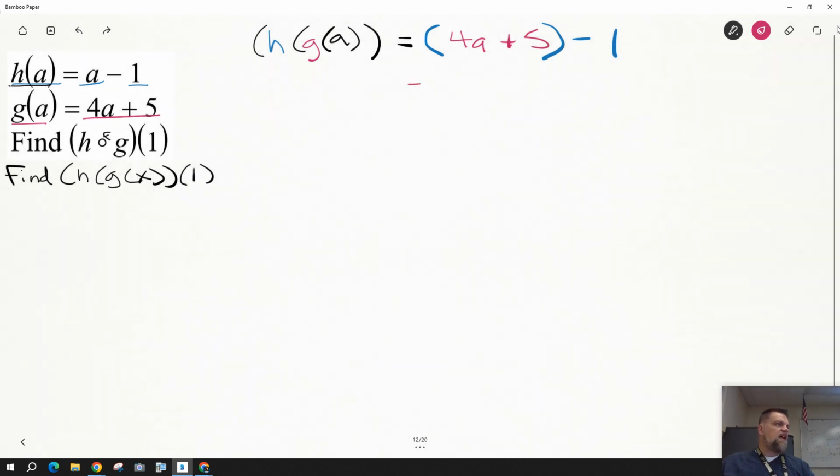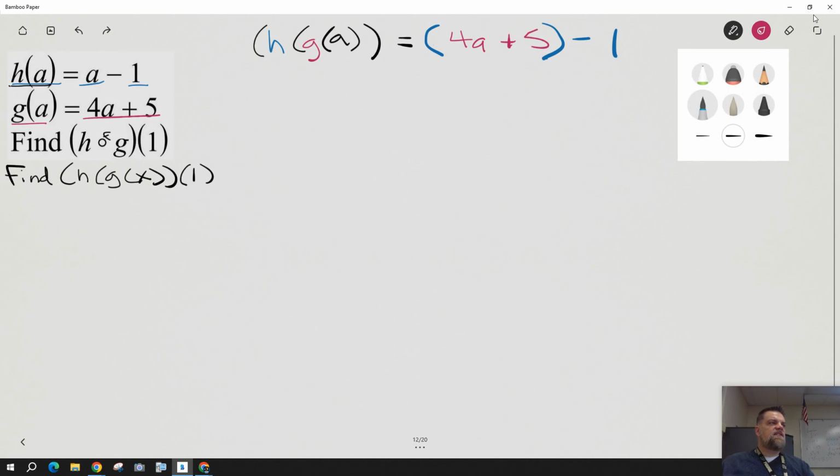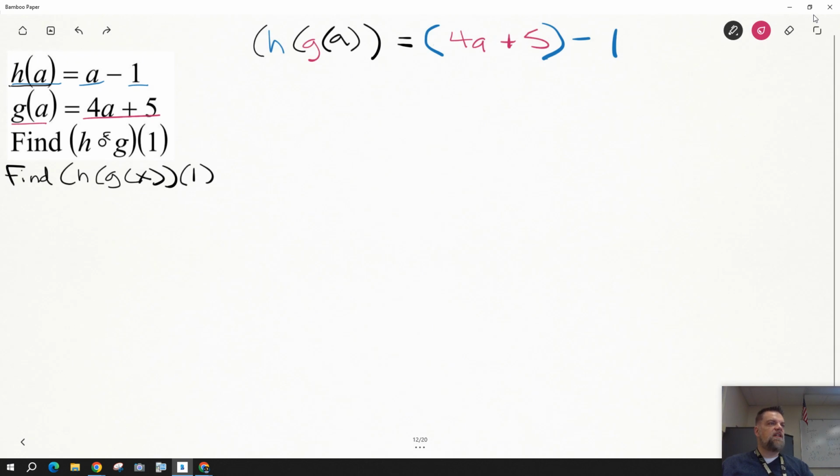So then I look at this and I say, well, I'm not really doing any work inside the parentheses. I'm not really distributing anything through the parentheses, so I don't even really need the parentheses. So this whole equation just becomes 4a plus 5 minus 1, or 4a plus 4, because I'm going to combine positive 5 and a negative 1 to get my 4.